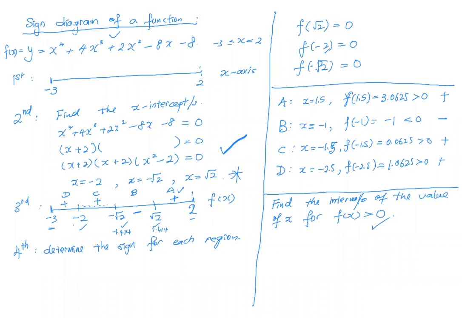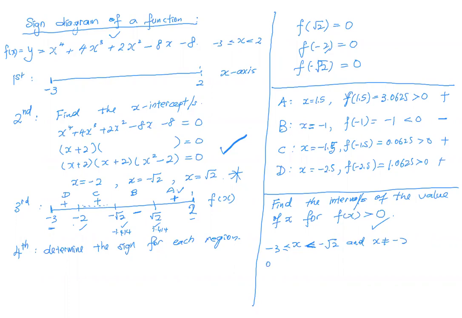ACD, correct? So that means my answer will be x between -3 to negative, cannot have equal because I want it to be greater than 0. And x cannot be -2. Am I right?